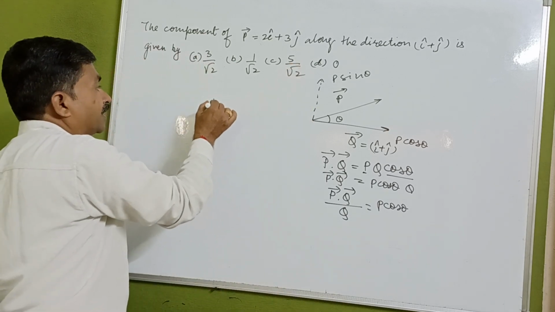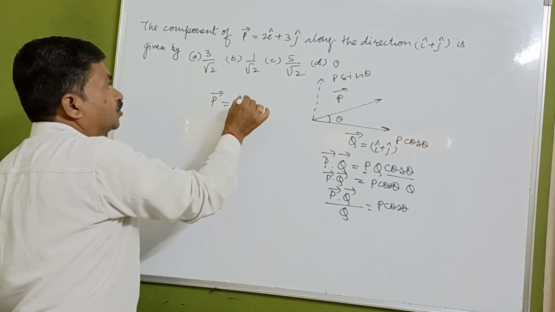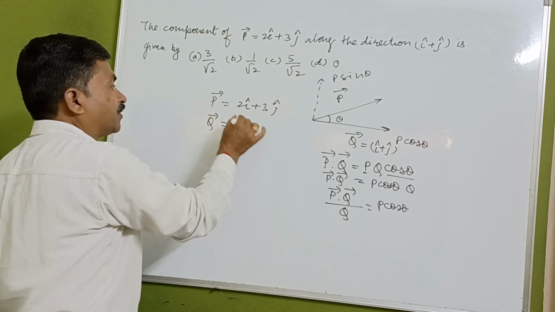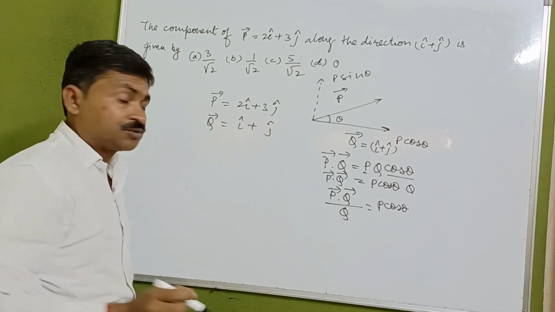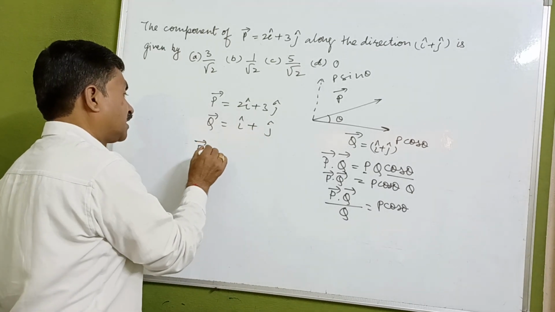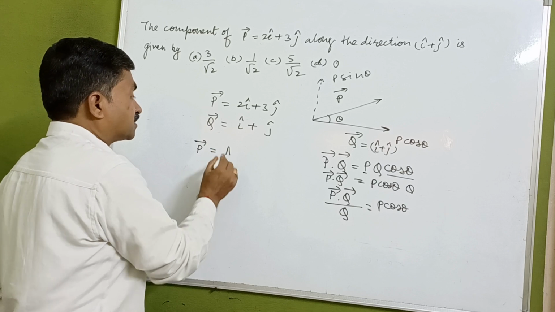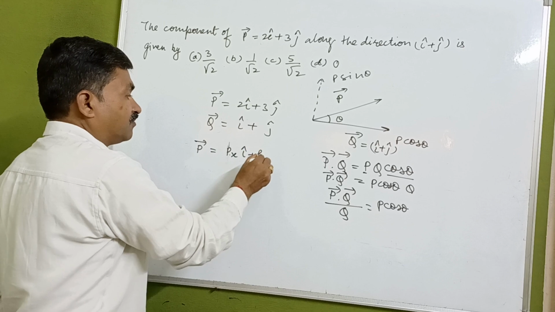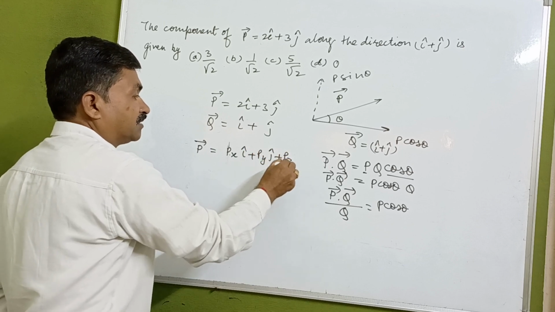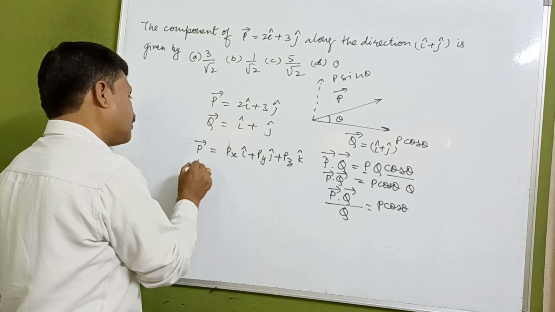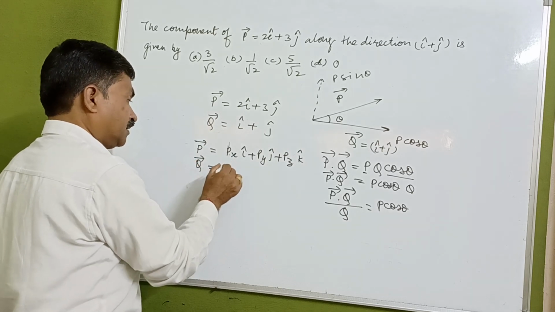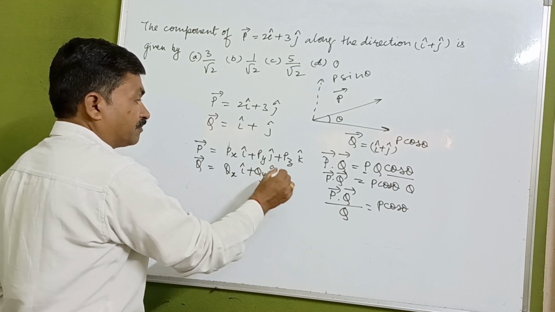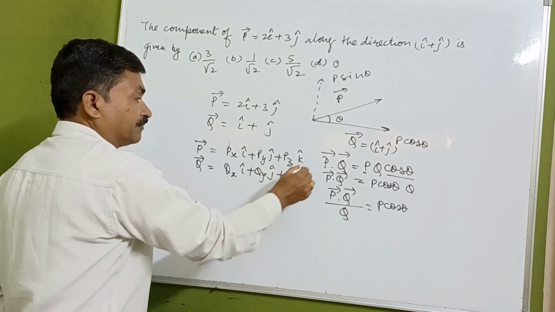Now, vector P is equal to 2i + 3j and vector Q is i + j. Taking the standard form, P is Px i cap plus Py j cap plus Pz k cap, and similarly Q is Qx i cap plus Qy j cap plus Qz k cap.